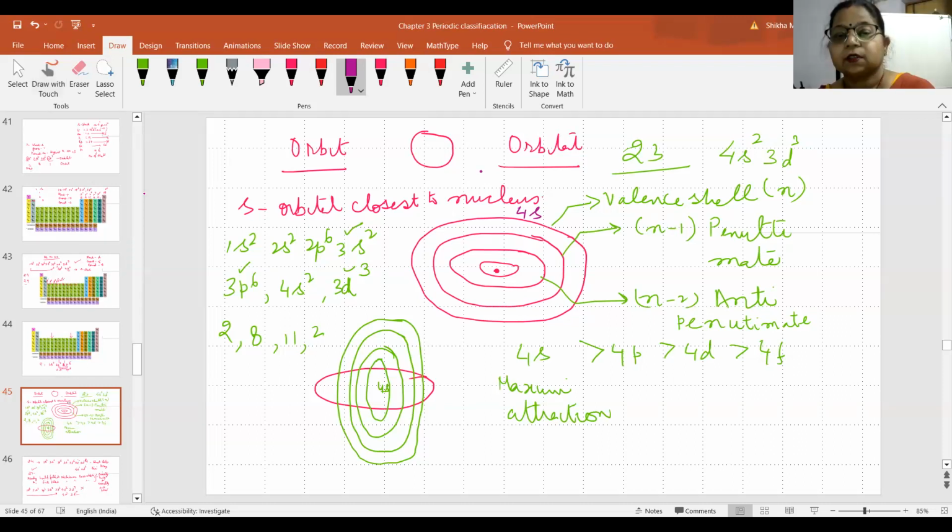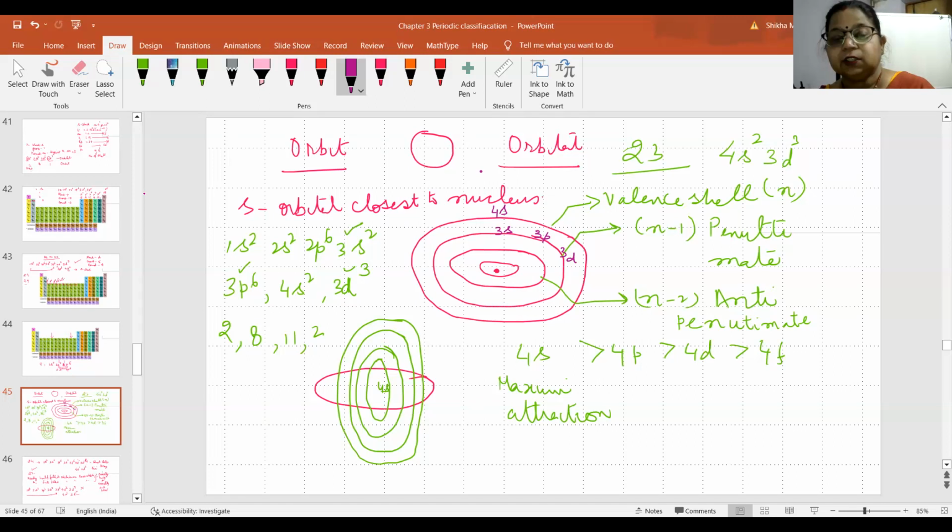This is 4s, or rather 4s we should be drawing here, which is closest to nucleus, right? This will be 3s. This will be roughly, say, 3p, and this will be roughly 3d.